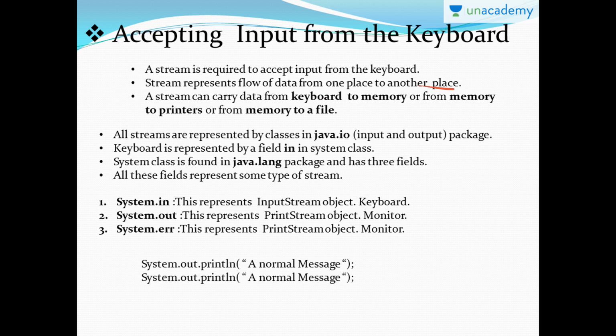It can carry data from keyboard to memory, memory to printers, and from memory to files as well. All streams are represented by classes in java.io, that is java input-output. This io represents the input-output package, and the keyboard is represented by a file in this system.